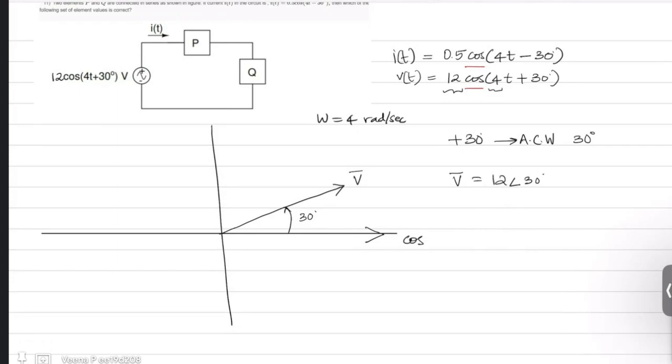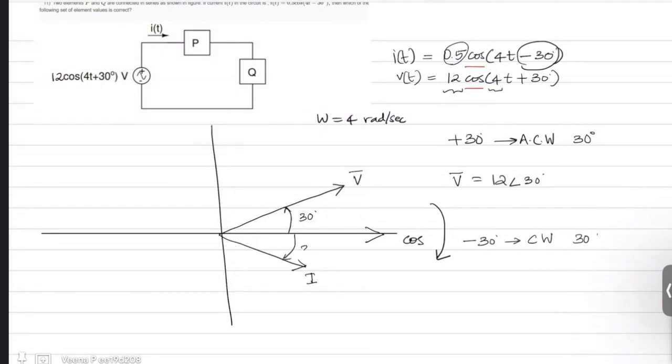Now you have your current. The current magnitude is 0.5 and angle is minus 30 degree. Minus 30 degree means you have to move in the clockwise direction 30 degree, and that will be your current vector.